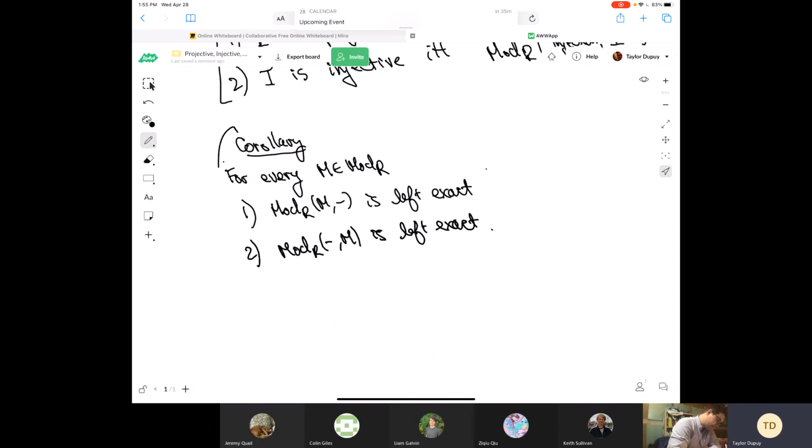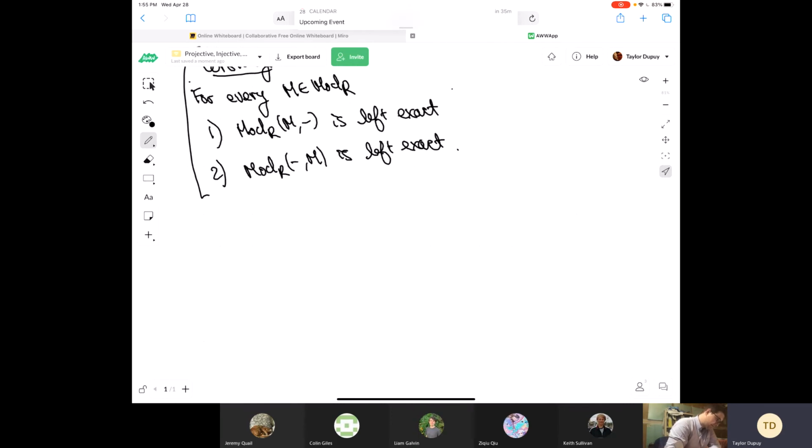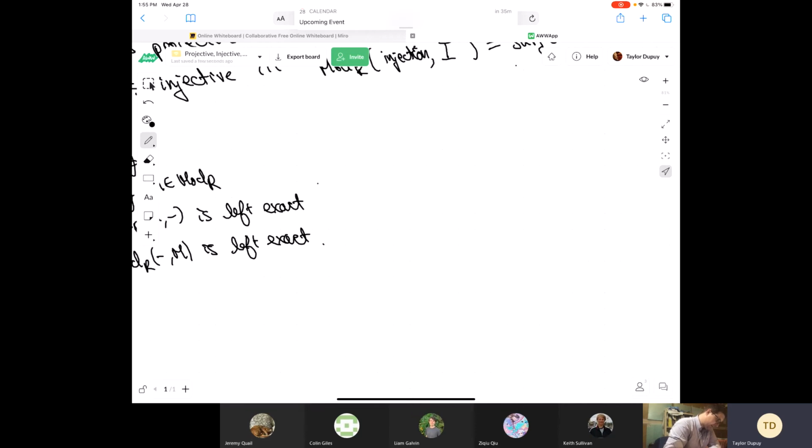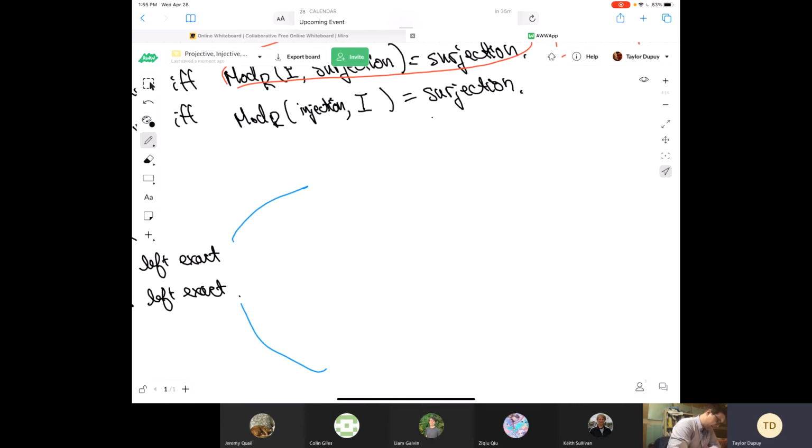Now I need to explain what left exact means. So a functor, what does this mean? Let's take the meaning of this here.